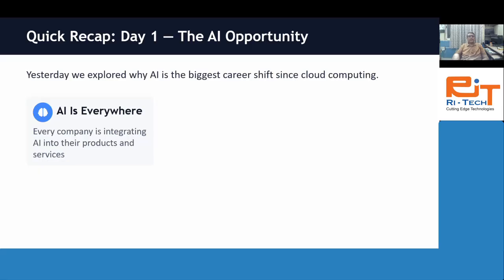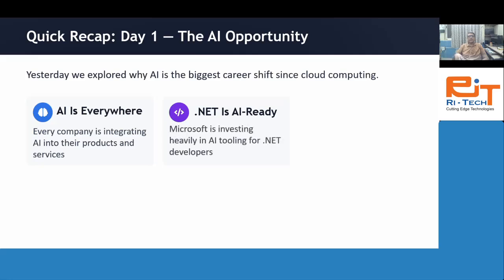Every company is integrating AI into their production services. So .NET is AI ready. So Microsoft is investing heavily in AI tooling for .NET developers. And now, so .NET is AI ready.